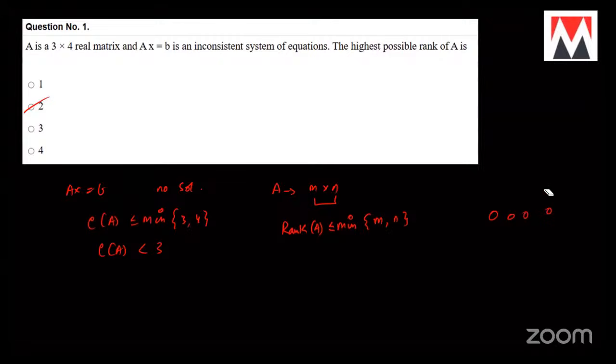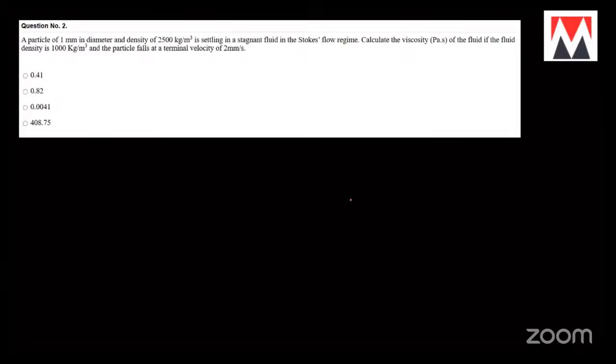That is how you will get 0 solutions, right? Now the minimum of these two is 3. So your rank of A should be less than or equal to 3 when it is inconsistent. Okay. So now inconsistent and less than 3 means rank will be either 1 or 2. He is asking highest possible rank of A. Between these two, highest possible rank is 2. Understood? Yes, sir. Okay.